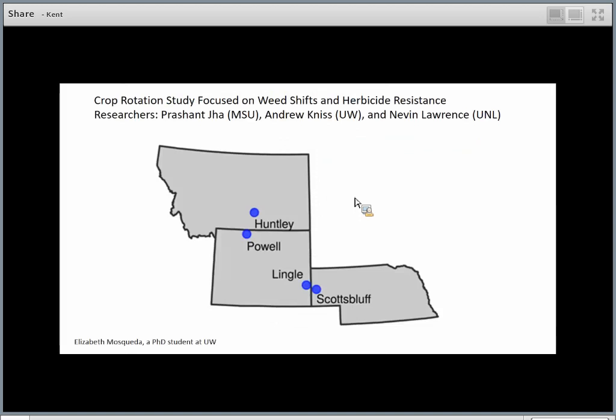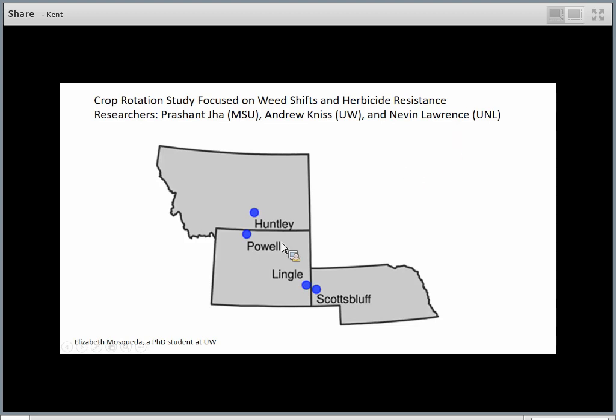So the weed scientists here at Southern, Prashant Jha, wanted to do a study with Andrew Kniss at the University of Wyoming to try and look at the shift in herbicide resistance and what plays into it, trying to prove in practice what they kind of know in theory is going on, but it's never really been shown. And then Nevin Lawrence is a researcher that picked this project up at Scotts Bluff the last couple of years.